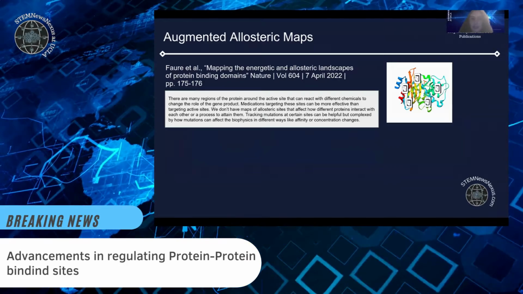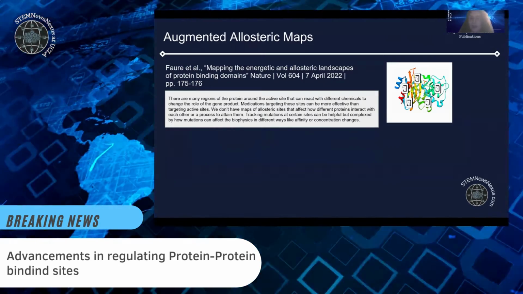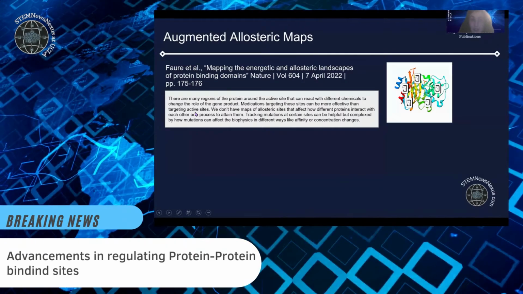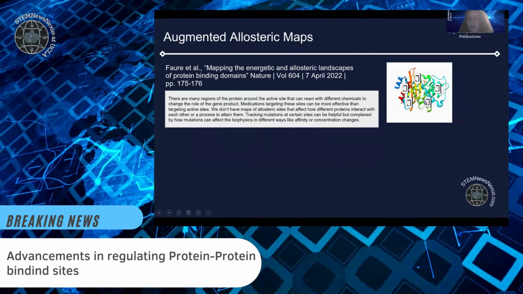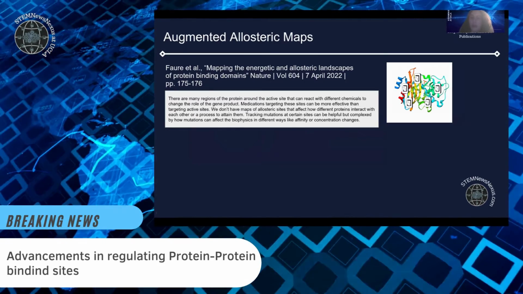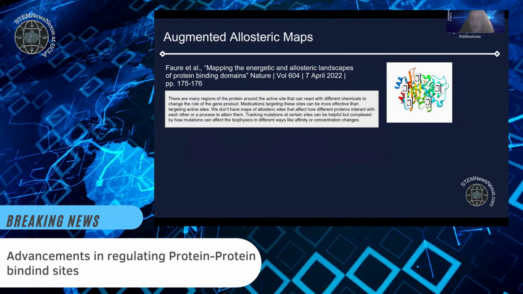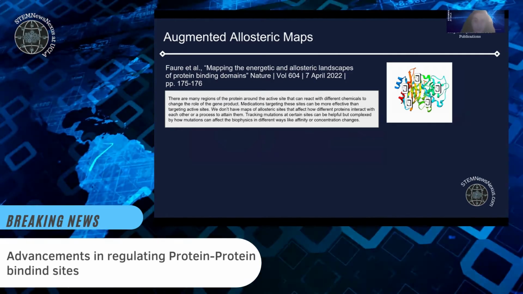Medications that target these sites can be more effective than targeting active sites themselves. You can basically look at this protein structure with a bunch of different switches, and based on the different proteins or chemicals that bind to it, that will flip the different switch so that the gene product has a different function.